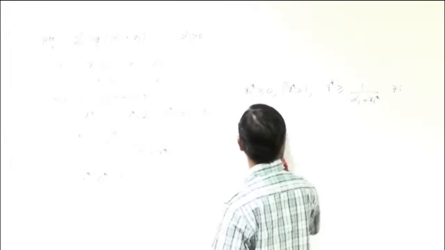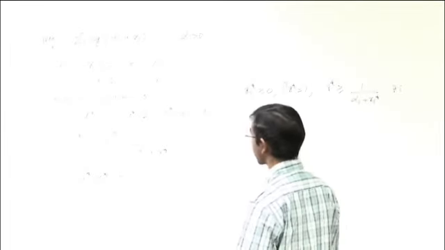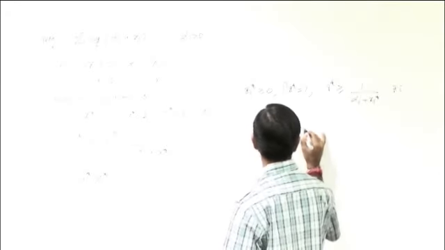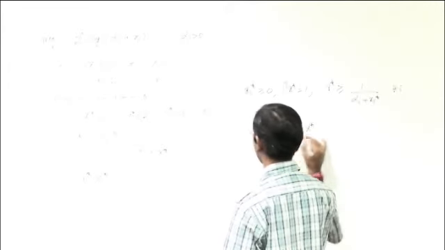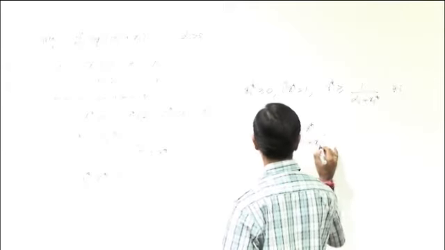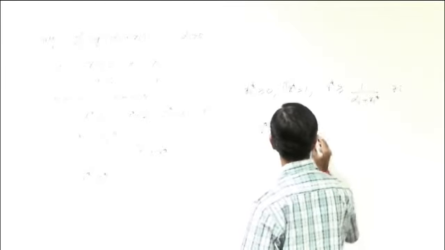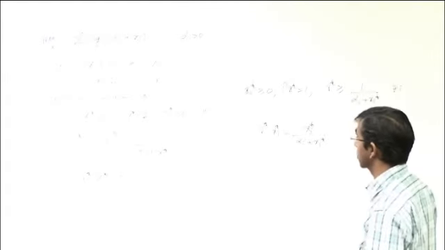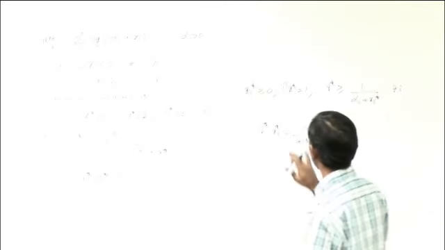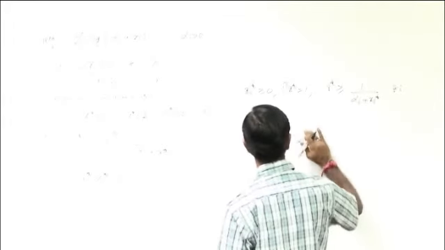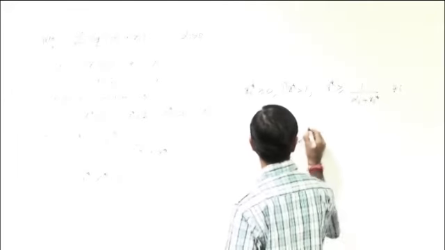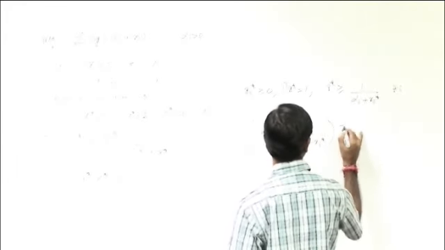So nu star minus 1 by alpha i plus x i star, times x i star, is equal to 0. I should not write it like this, it would be somewhat incorrect.